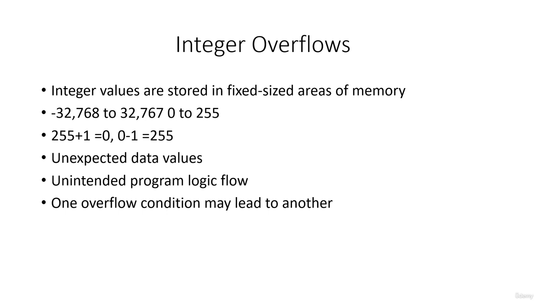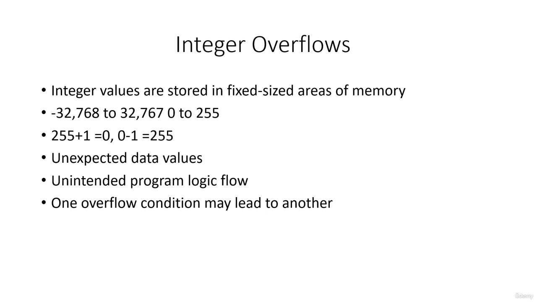Integers are limited to a specific range of values based on the integer variable size, such as negative 32768 to 32767, which is a signed 16-bit number, and 0 to 255 for an unsigned 8-bit integer.